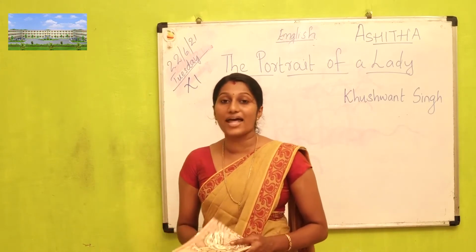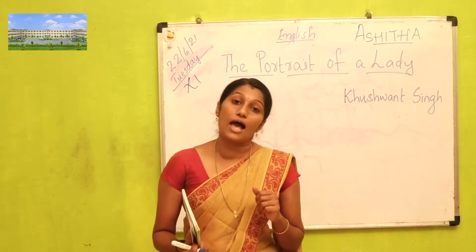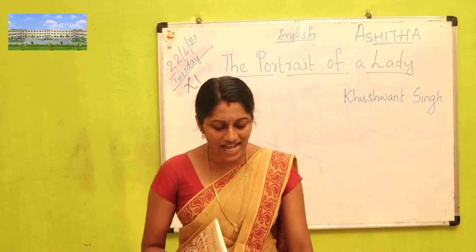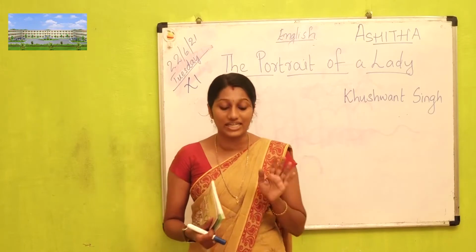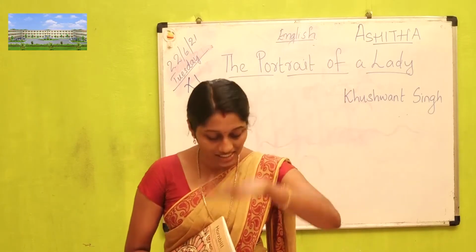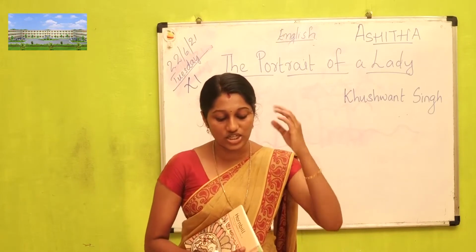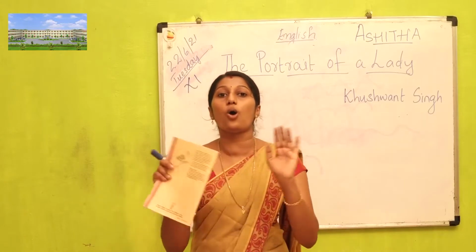So, in the first paragraph, the author, Khushwant Singh, is describing his grandmother. He says that he had known her for the past 20 years, and in these 20 years she had a wrinkled face and an old look.